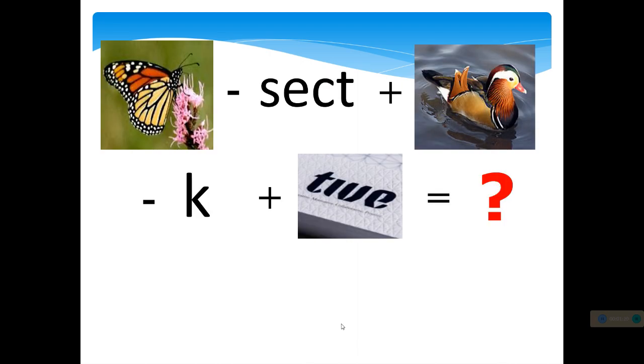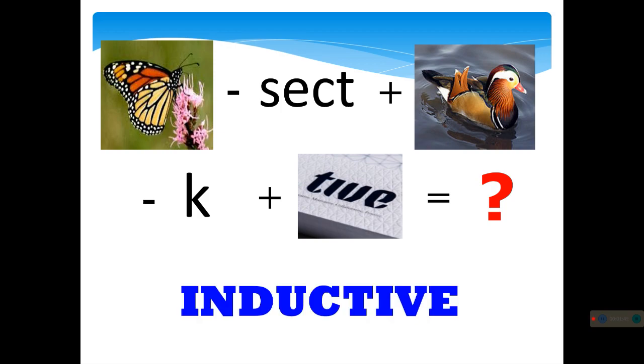So let's now proceed. For the first picture, we have this one. We have these pictures minus the words, then plus. So what should be the word here? Just take a look at the pictures and the operations and the words I have here on the slide. The correct answer here is inductive.